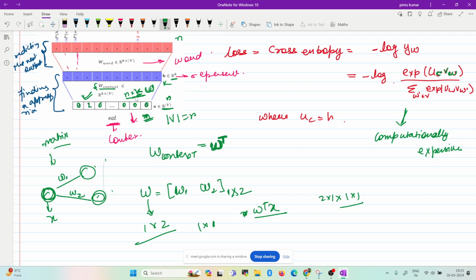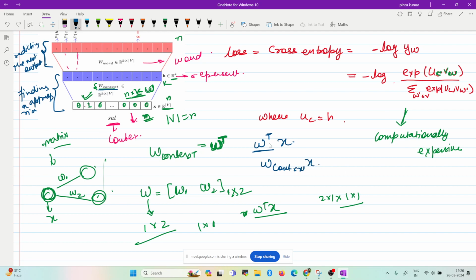So the same thing is happening over here also. If your W is something like this, then what you are doing is multiplying your W with your input vector x. Now, as I said, W transpose is nothing but your context vector. So this is W context into x.